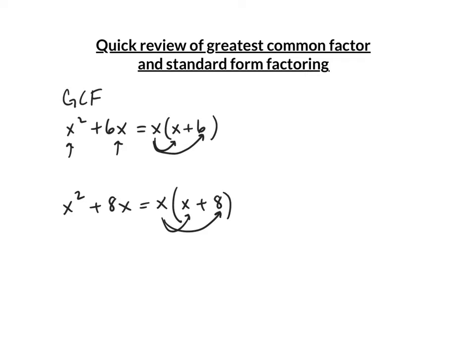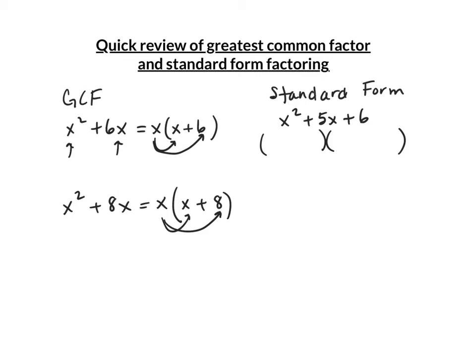One other type of factoring you did was standard form factoring. What made standard form was the fact that it had three terms, like x squared plus 5x plus 6. And what we tried to do is find what two things FOIL, multiply out to x squared plus 5x plus 6.